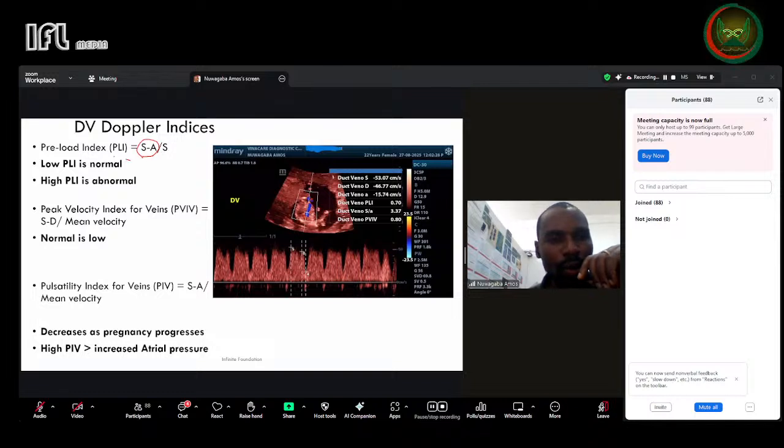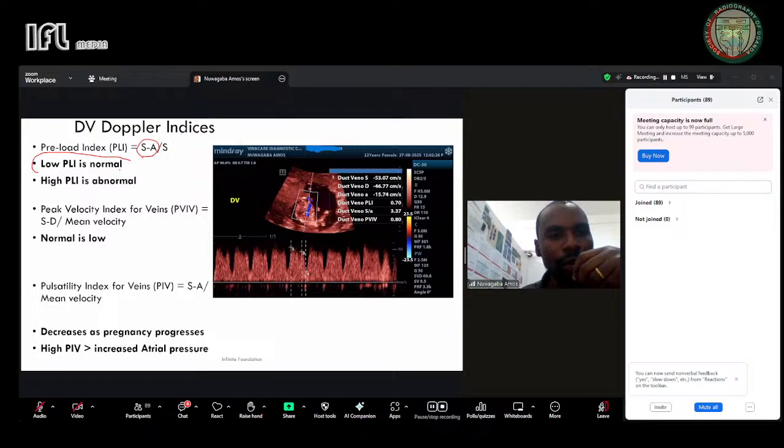And the normal is usually low in the sense that the cardiac pressure, because we looked at the fetal circulation and the flow through the ductus venosus is towards the fetal heart, and if the pressure is high in the fetus's heart, it means that is going to restrict the flow in the ductus venosus.